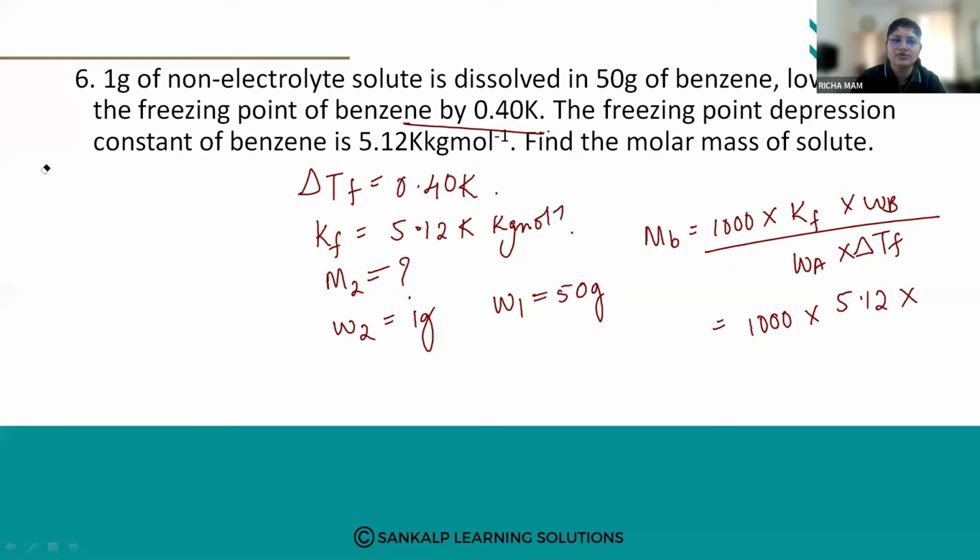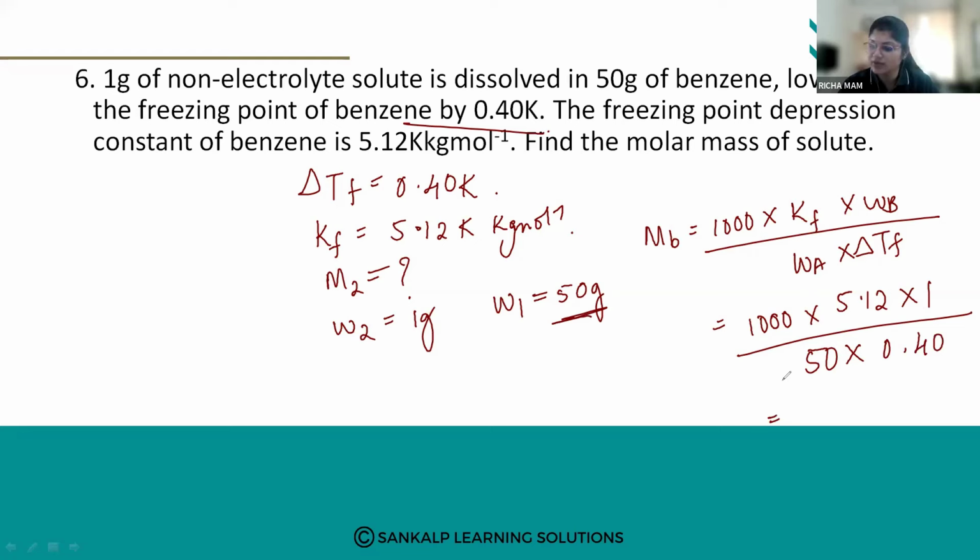Okay, this is not 50, this is 1, because WB is your solute. The value WA is your solvent, 50, into delta TF is 0.40 Kelvin. Okay, now you do this.